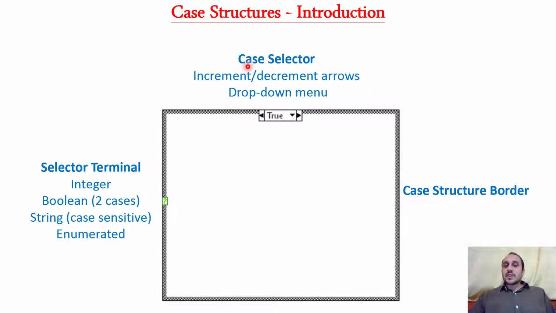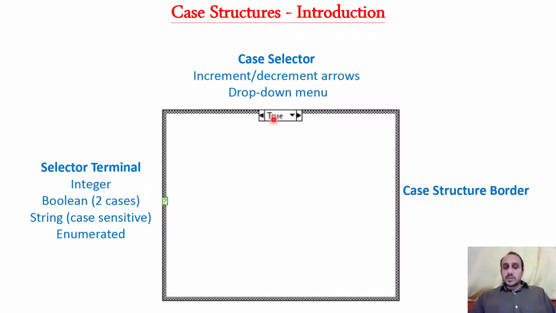The second element is the case selector. This is a case selector for the true case. If the user entered a value corresponding to a true value, then this code will be executed. Although it's empty, we will see what we can put inside this window.